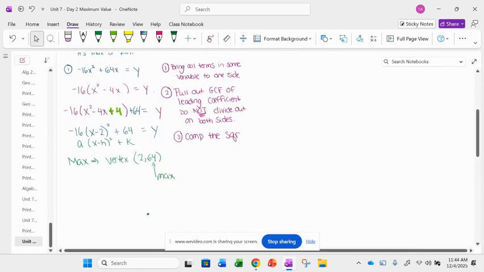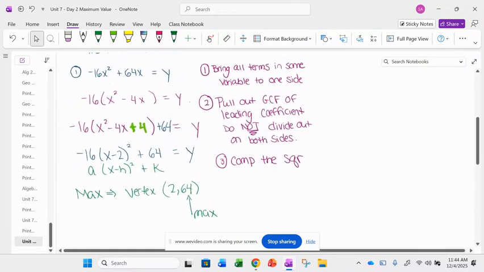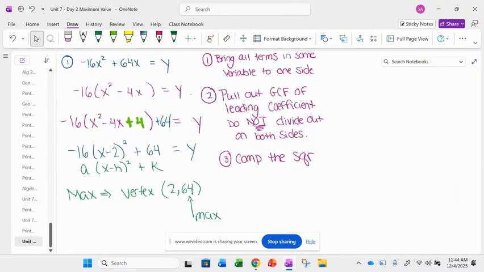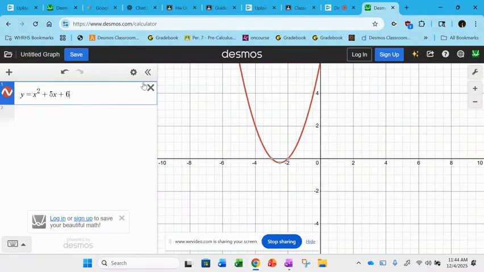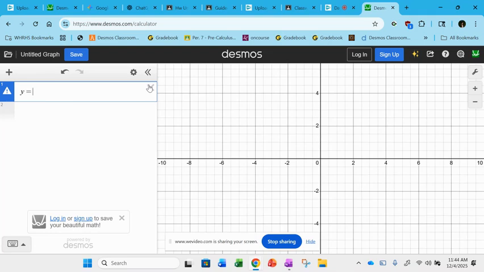Actually, guys, let's go back to Desmos and just see. What did we say the vertex was? 2, 64? Let's put in our quadratic in standard form. So y equals negative 16 x squared plus 64x.